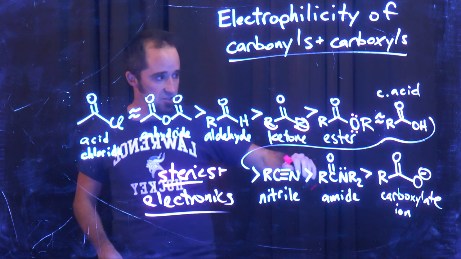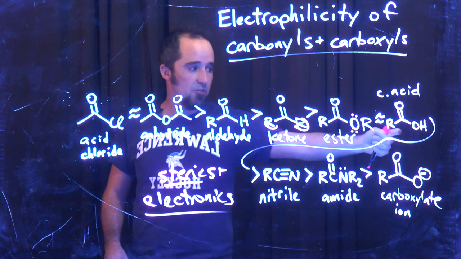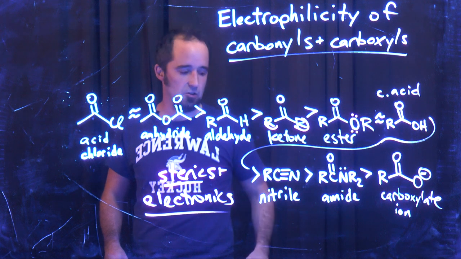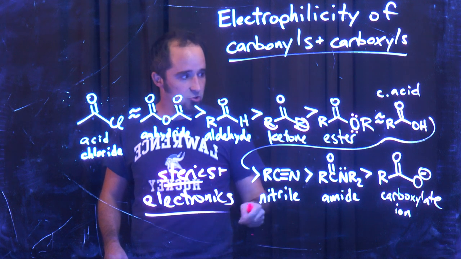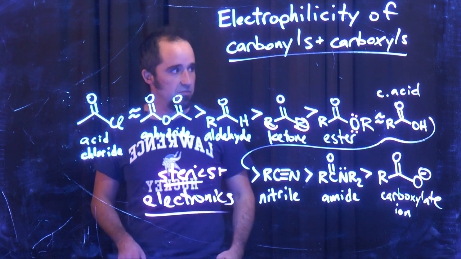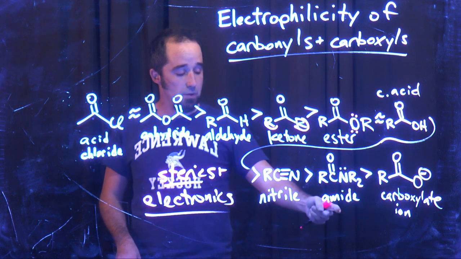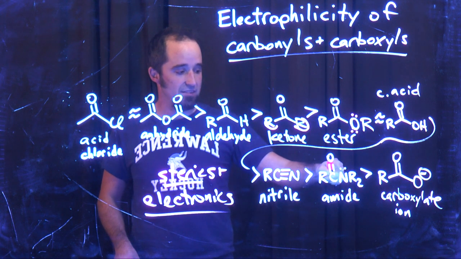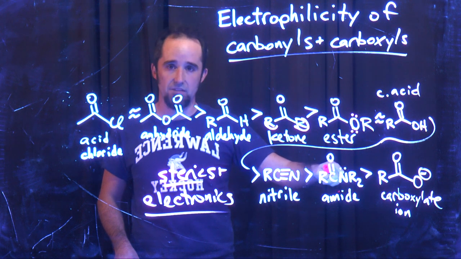Carboxylic acids and esters, as long as this is protonated, there's really no difference in electrophilicity between this ester and this carboxylic acid. Nitriles are a little bit less reactive than carboxylic acids. Amides are even less reactive. We talked about how important this resonance between this lone pair and this carbonyl are.